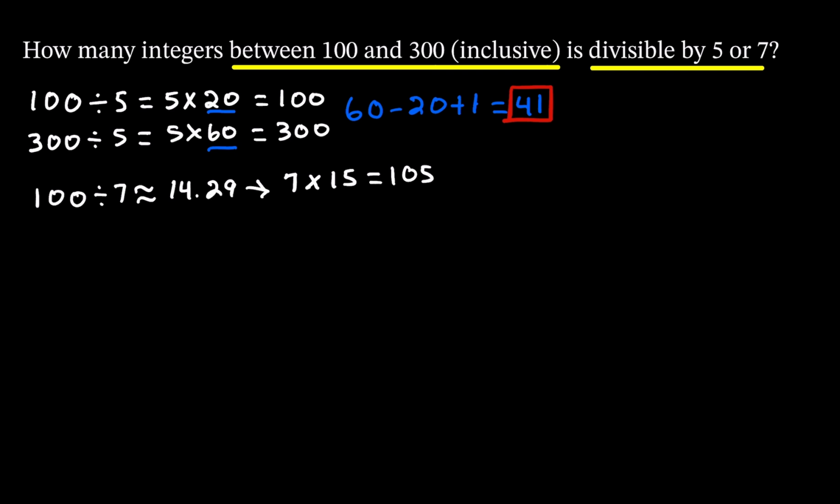Now we're going to find the last multiple of 7. 300 divided by 7 is approximately 42.86.